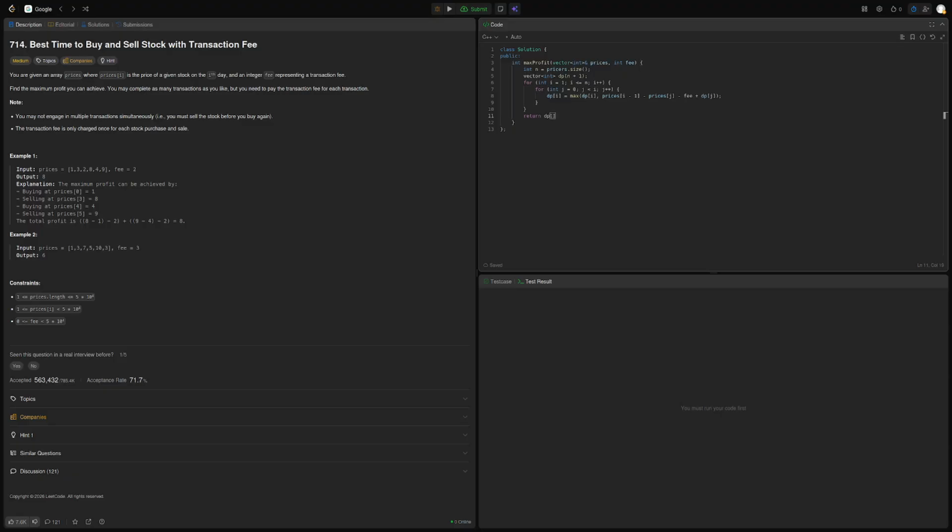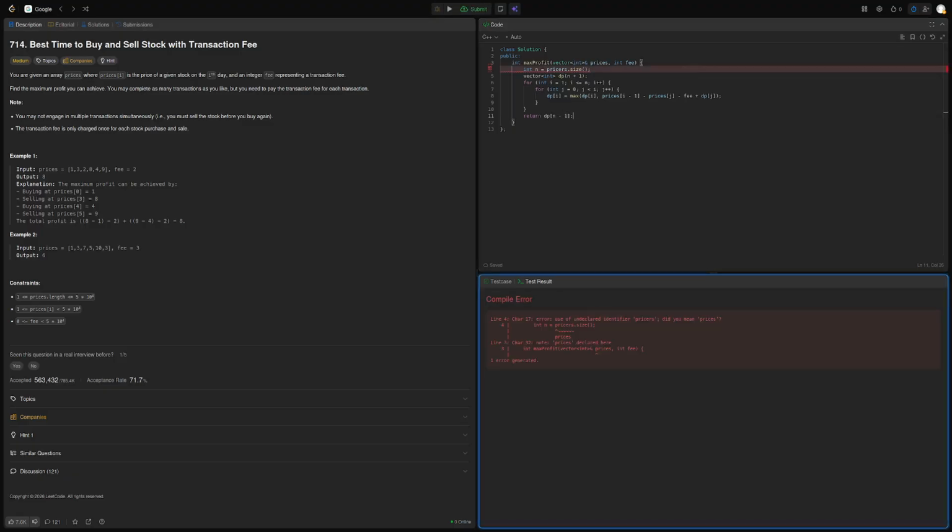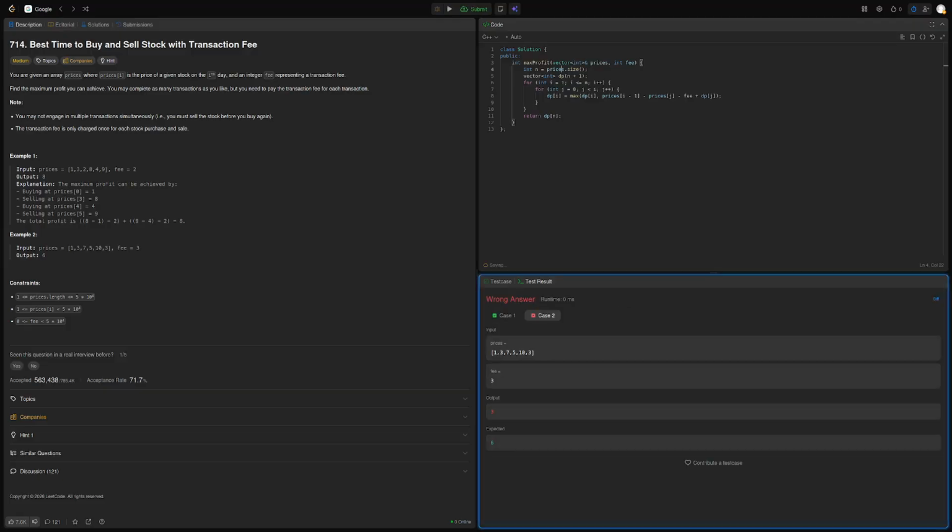Return dp[n], and not prices but prices. Interesting, great.